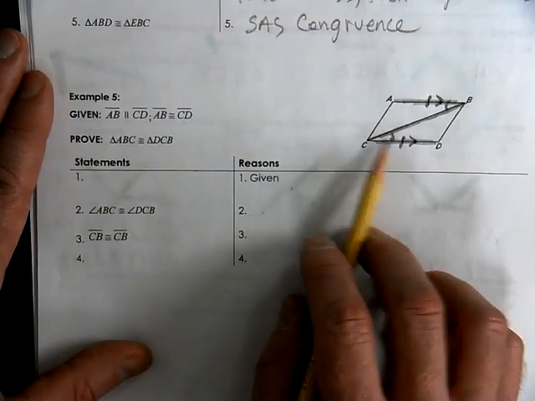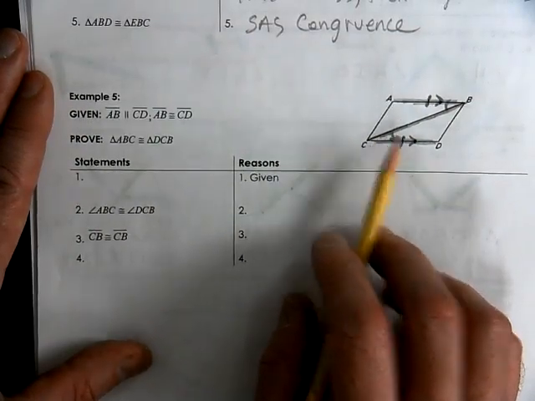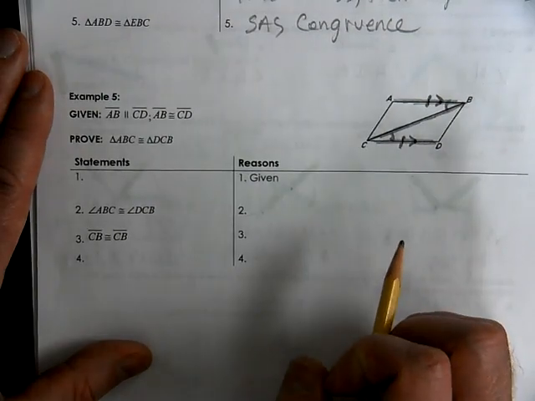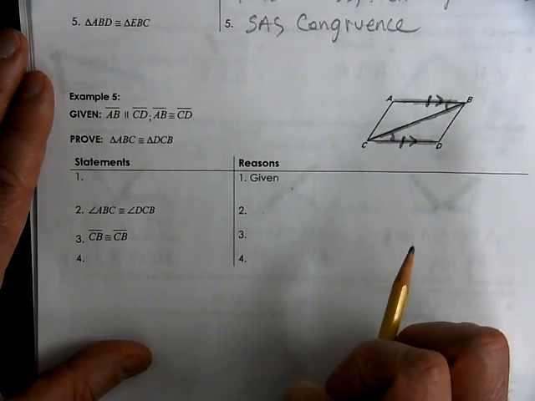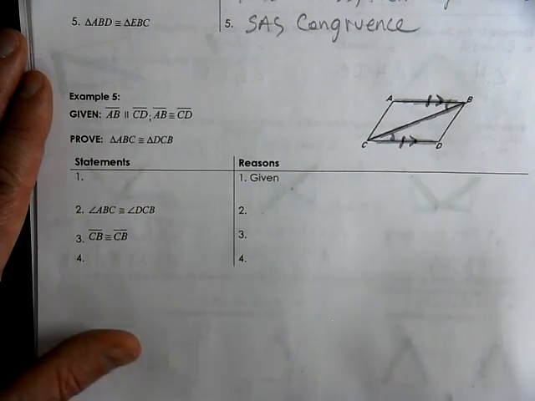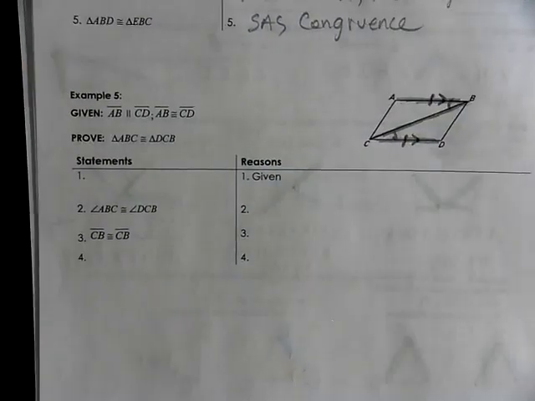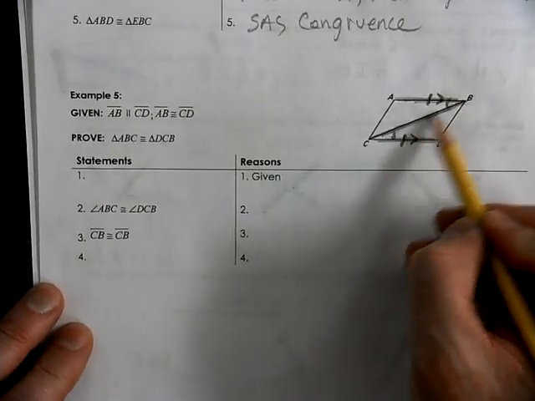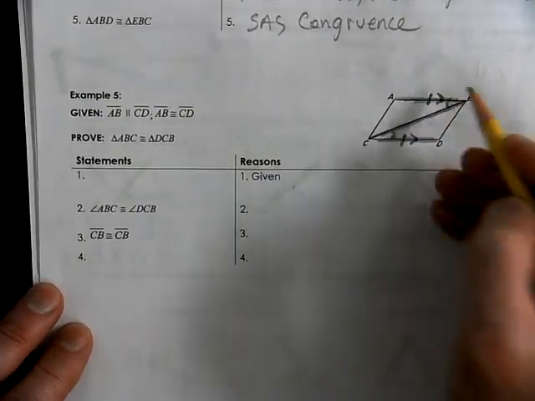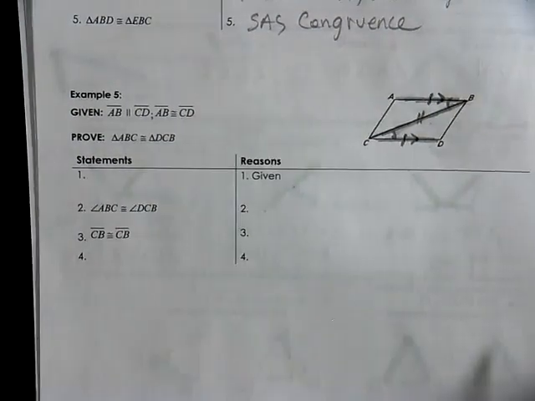I have a pair of sides the same. I have a pair of angles the same. I'm missing something. I need something else. What else do we know for sure? You notice that this segment here is the same in both triangles. It's going to be the reflexive property.